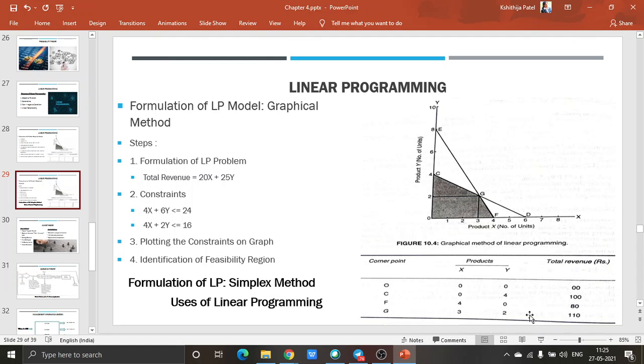The simplex method offers a way of solving much more complicated programming problems which involve a large number of variables. With a graph, maybe two variables can be handled, but when there are more, definitely the simplex method is suggested. Now two aspects of the simplex method are to be remembered.